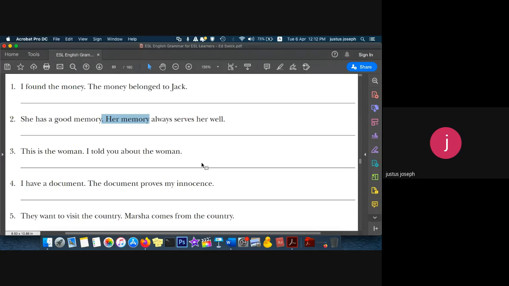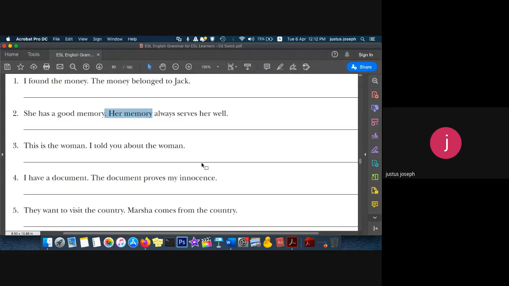Next. This is the woman. I told you about the woman. Tricky one. This is the woman about which? Can we use which with things?